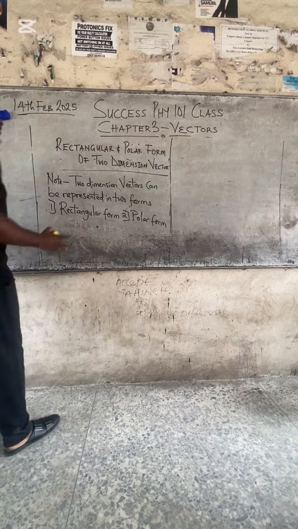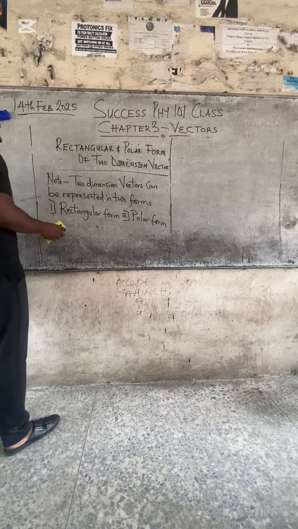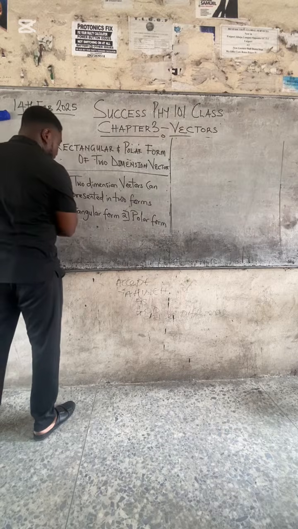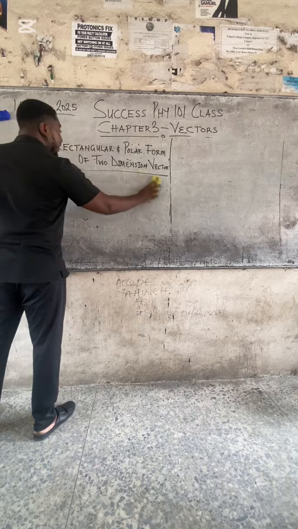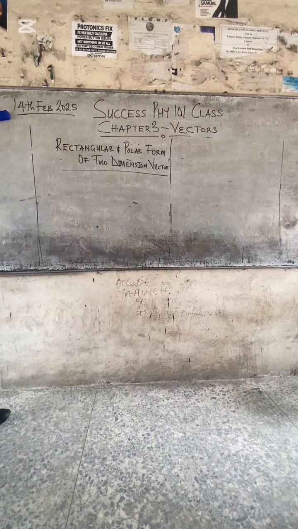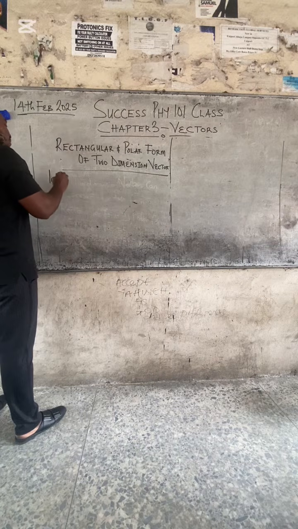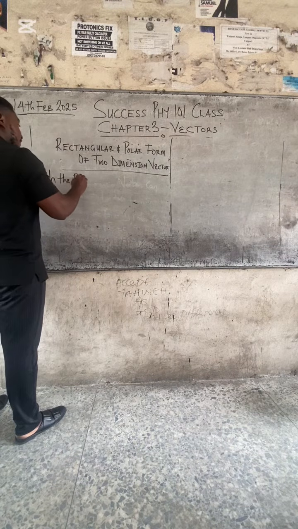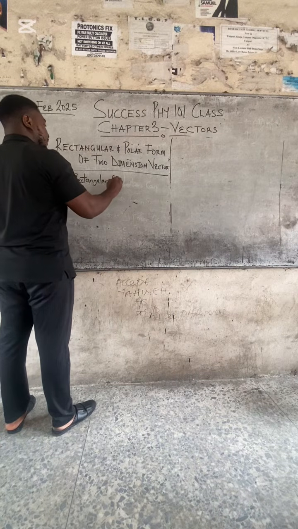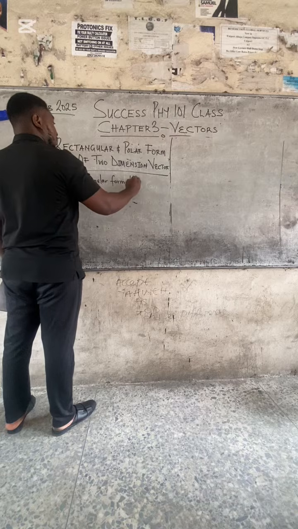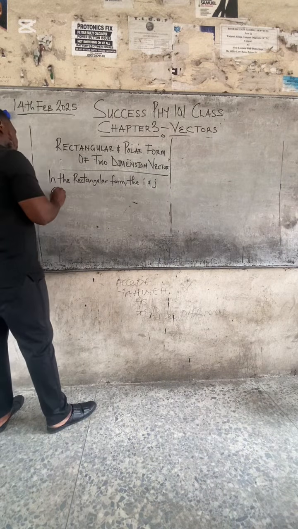Class, one of these methods you already know because that's what we have been using so far. In the rectangular form, the i and j components are spelled out outrightly.